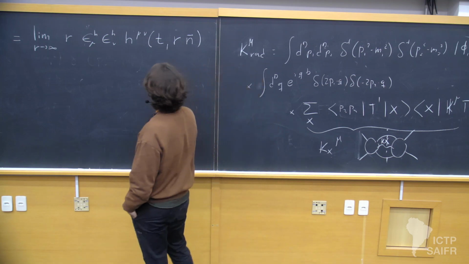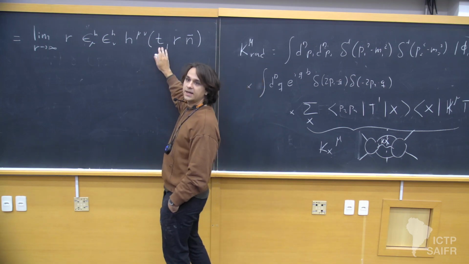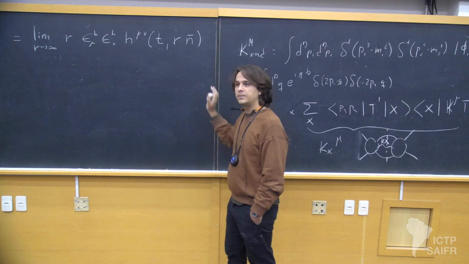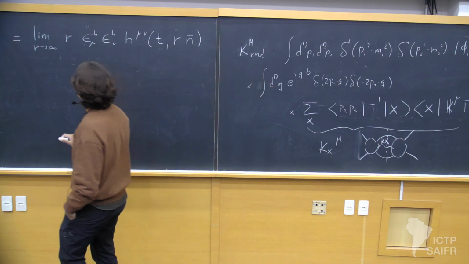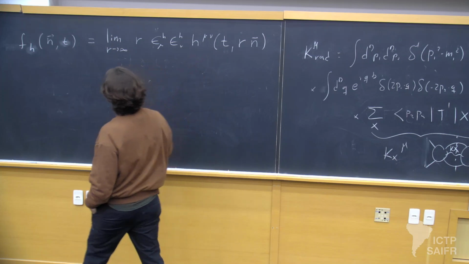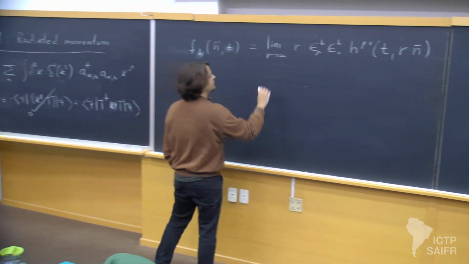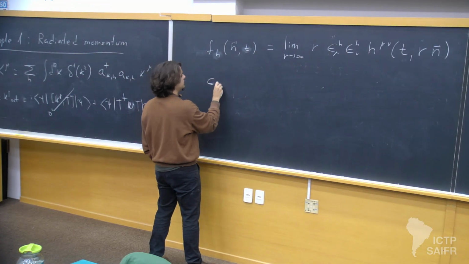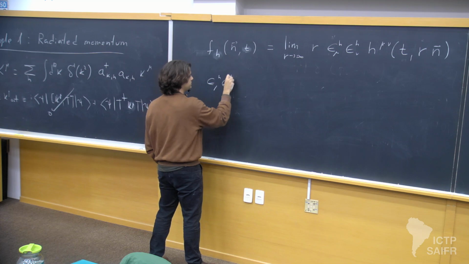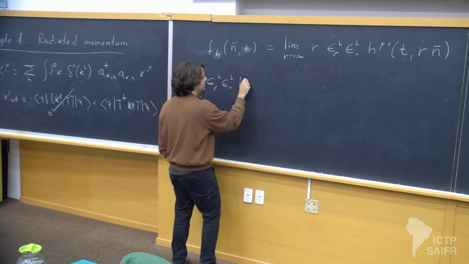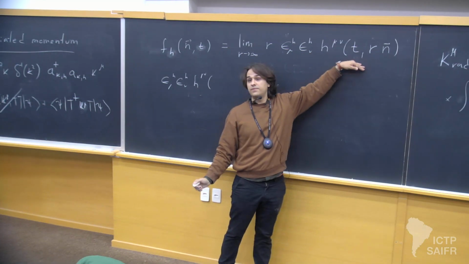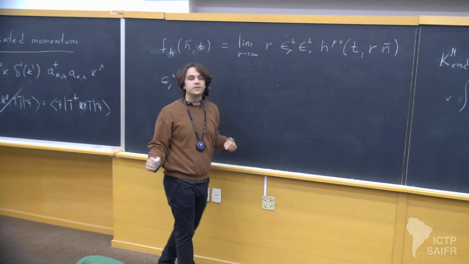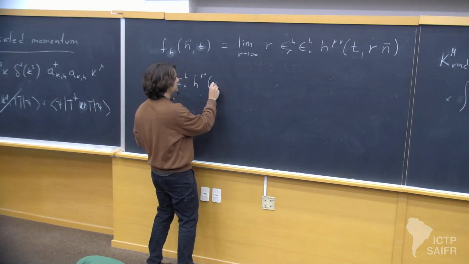So if you want to be more careful, you can choose this to be retarded time or something like that, but let me just be schematic. Okay, what is this h mu nu connected with these polarizations? This is a simple object, because when r is very large, we can use the free field expansion of the gravitational field in terms of creation and annihilation operators.